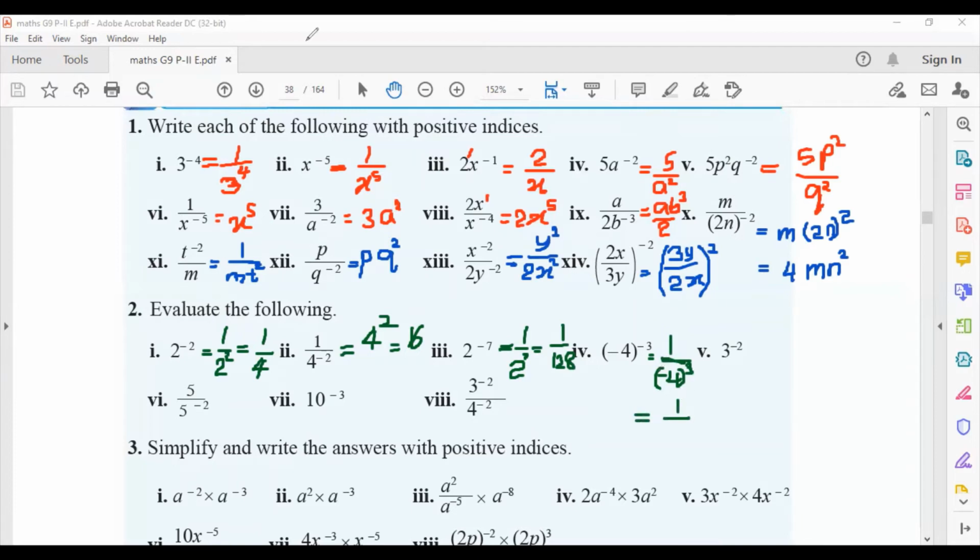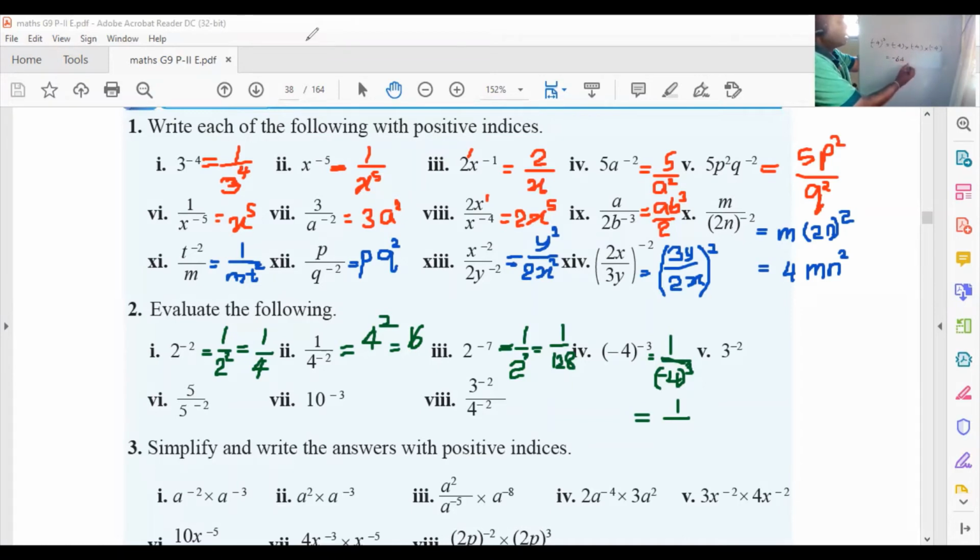What is the value of negative 4 to the power 3? Negative 4 to the power 3 means negative 4 times negative 4 times negative 4. 4 times 4, 16. 16 times 4, 64. Negative, negative, positive, positive, negative, negative.